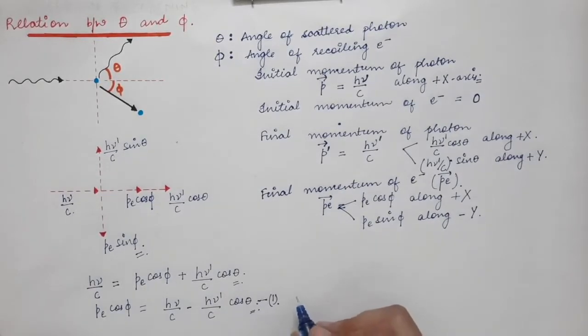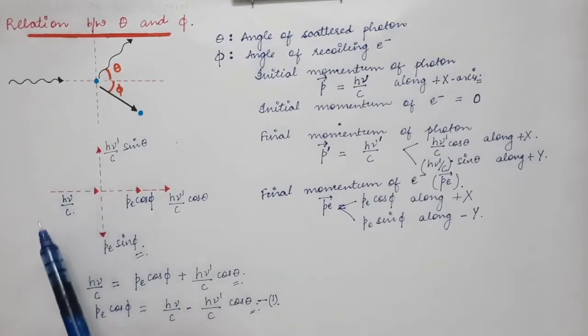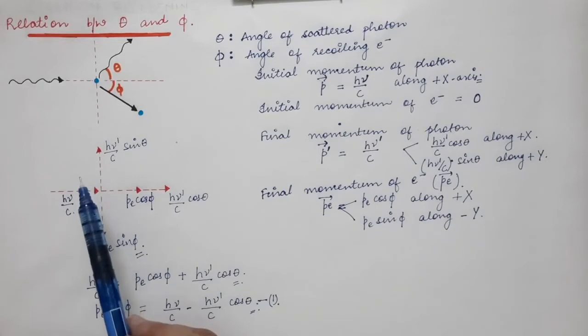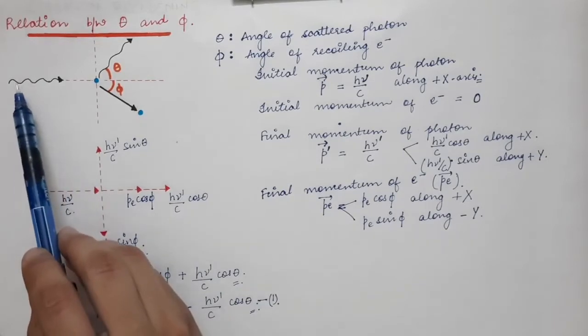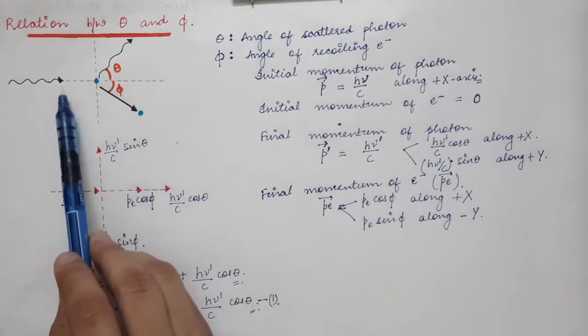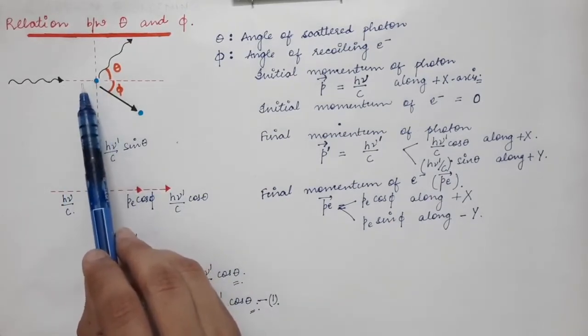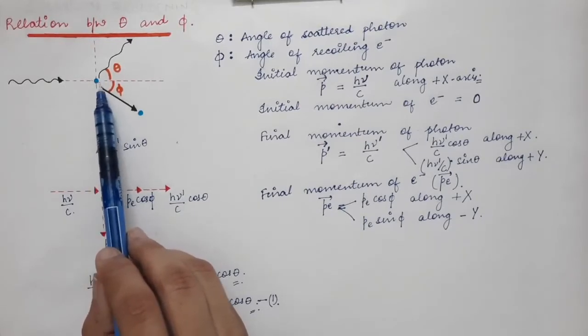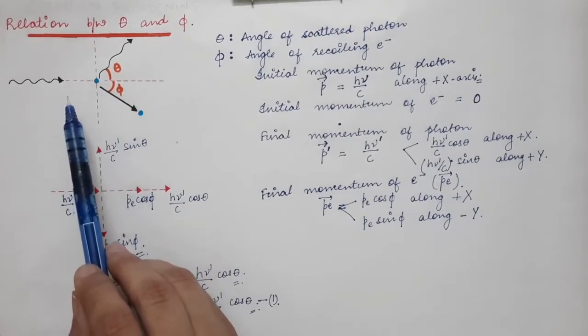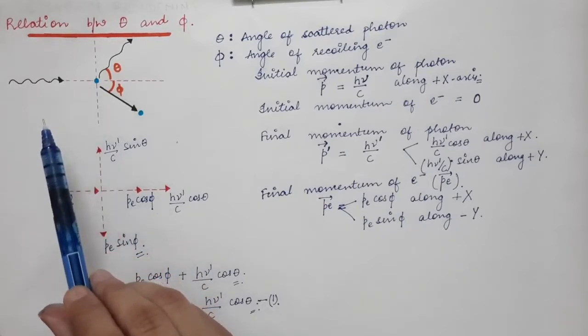And now we are going to equate the vertical components. So as we know that initially before the interaction there is no vertical component. The photon is propagating along plus x-axis. So it has only the horizontal component, and the momentum of the electron before the interaction is 0. So there is no vertical component in the case of electron also. So before the interaction there is no vertical component.